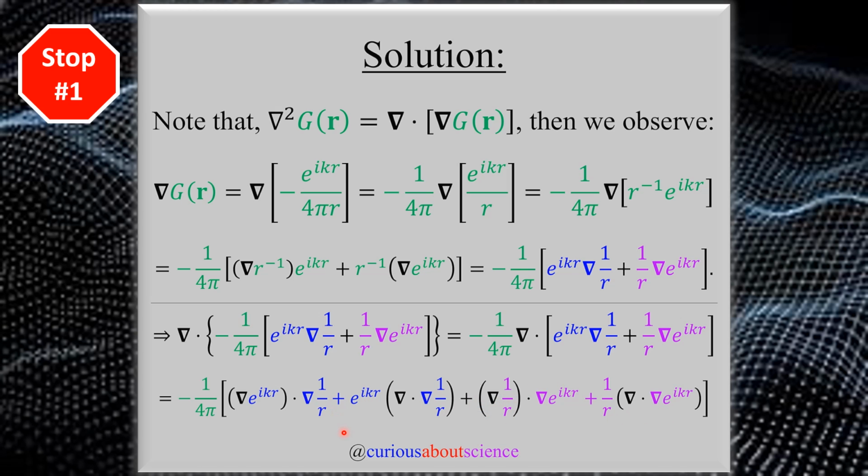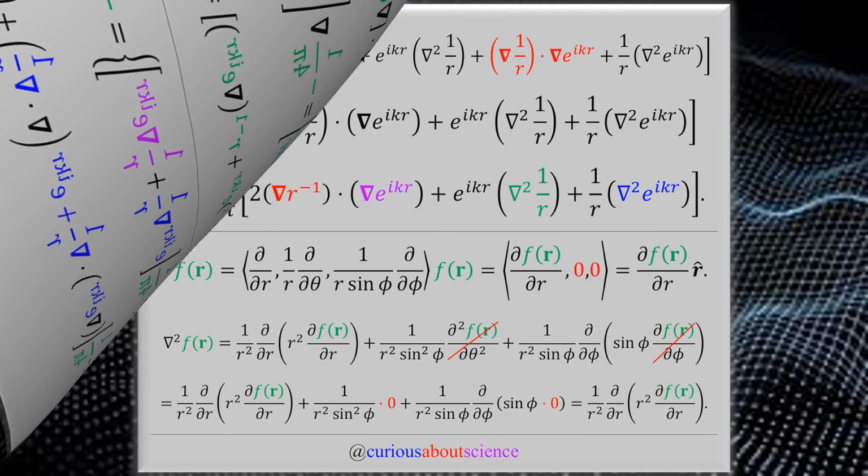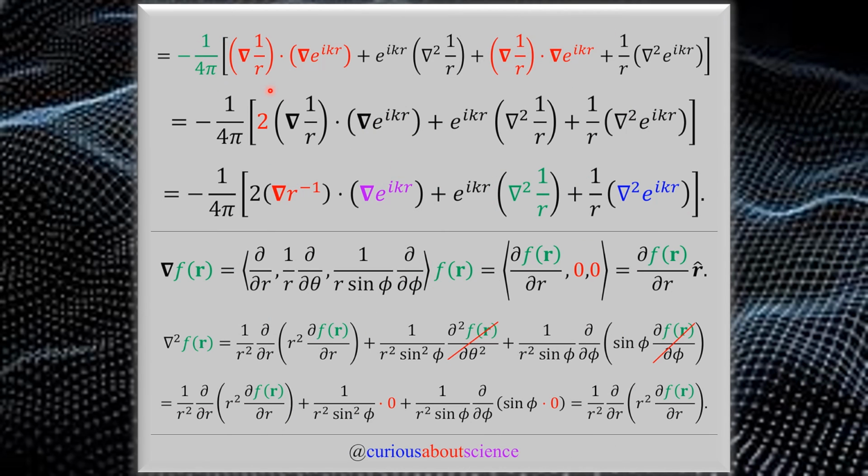Okay, so we notice that this entity and this entity look very similar and dot products are commutative, so let's go ahead and rearrange this to a more formal manner. All right, so we rearranged it due to the commutativity of dot products, and we see that red and red are the same, so we put a 2 there, no big deal.